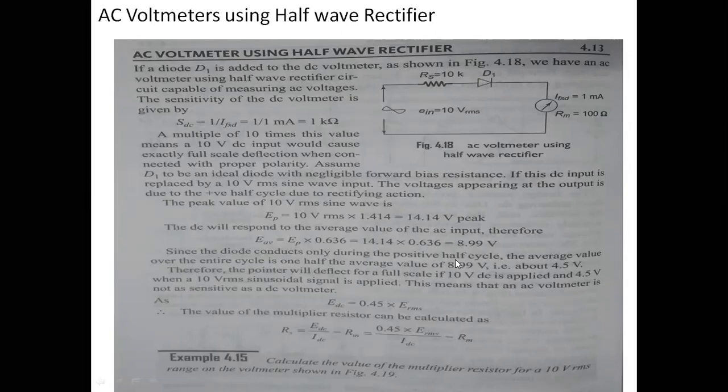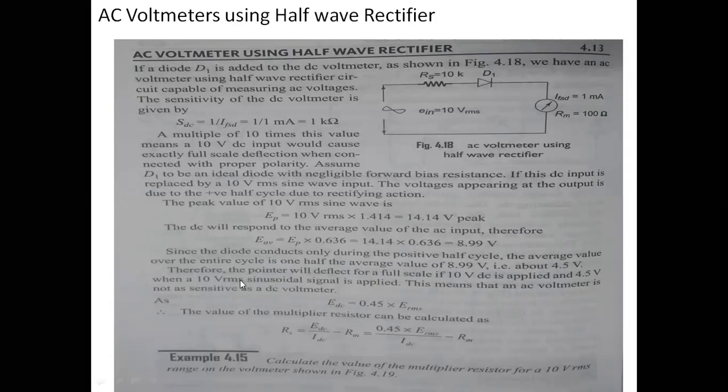For the half-wave case, the average value over the entire cycle is one half of the average value of 8.9 volts. That is about 4.5 volts. Therefore, the pointer will deflect to full scale when 10 volts DC is applied, and to 4.5 when a 10 volts RMS sinusoidal signal is applied.